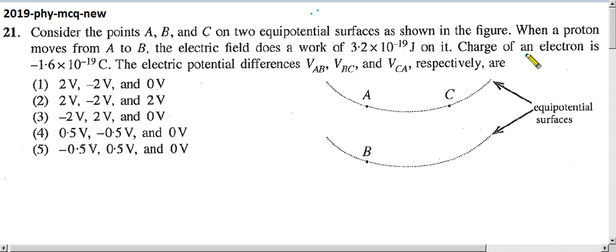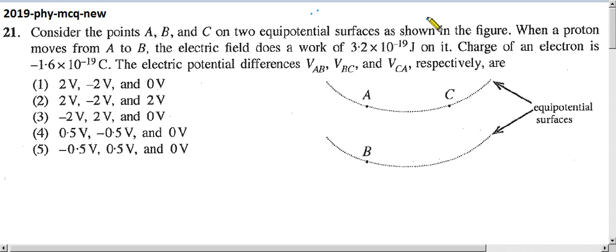Charge of an electron is minus 1.6 times 10 power minus 19 coulomb. The electric potential differences VAB, VBC and VCA respectively are. So there are 5 answers.